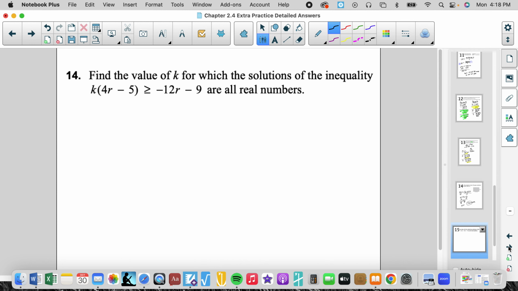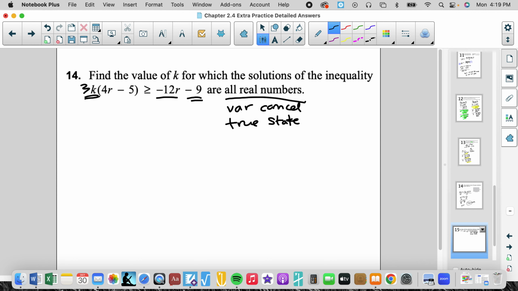Okay, find the value of k for which the solutions of the inequality are all real numbers. So if it's all real numbers, we know that the variables cancel and it produces a true statement. So what value can we plug in that will cancel and make it equal to that? Well, that's going to be 3, right?